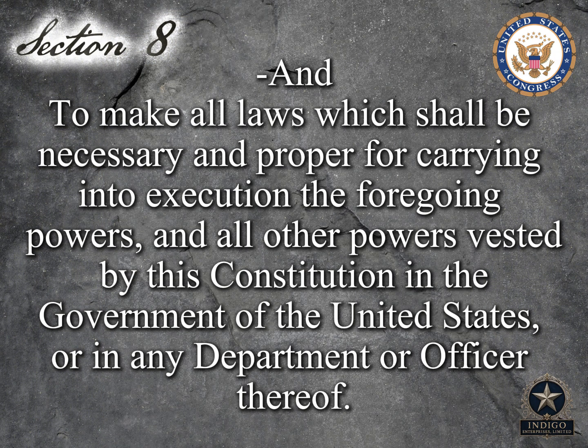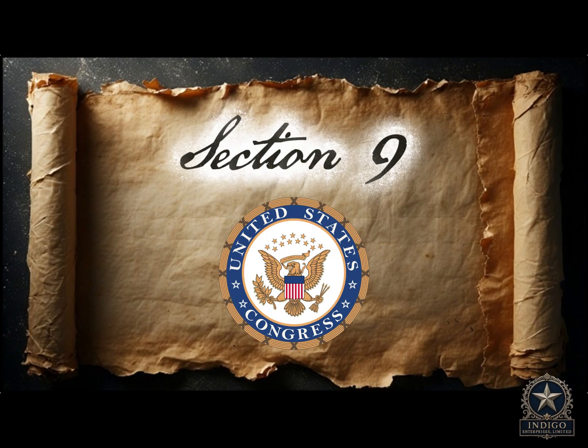And to make all laws which shall be necessary and proper for carrying into execution the foregoing powers and all other powers vested in this Constitution in the government of the United States or in any department or officer thereof. Section 9. Limits on Congress.